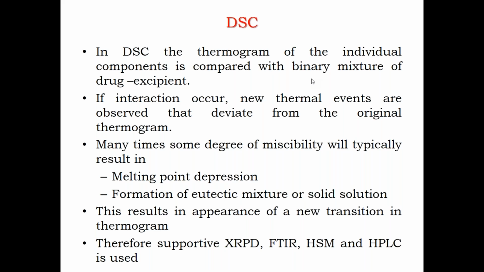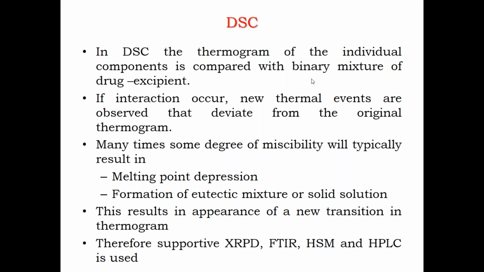Get a thermogram of the drug and all the excipients separately. Then make the mixture of the drug and the excipient, in the ratio which I already gave you an idea about. The ratio depends on the amount we are adding to the formulation. So do the physical mixture of the drug and excipient, and again subject that to DSC. Like this, you should have the different graphs with you.